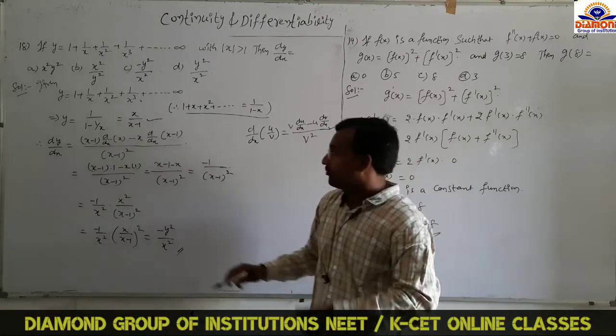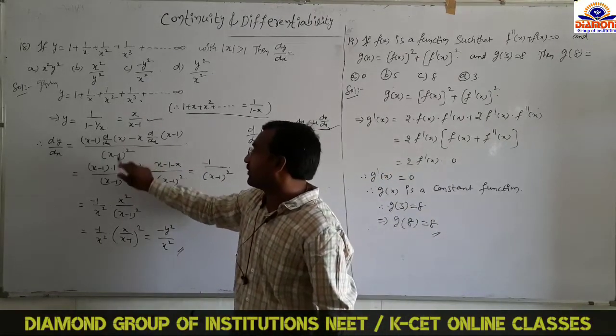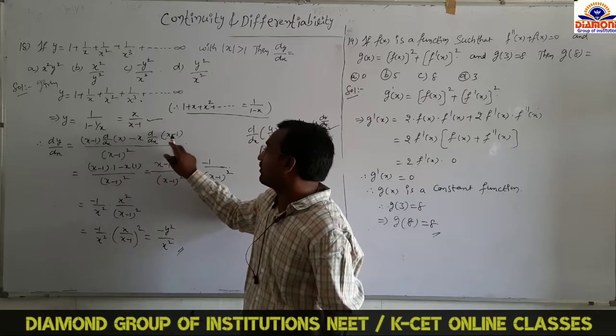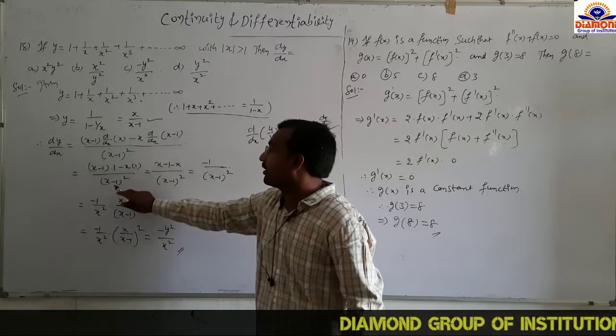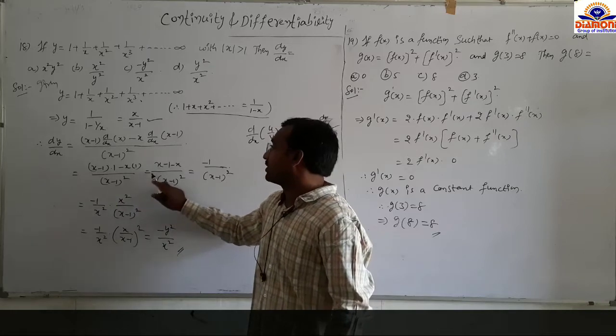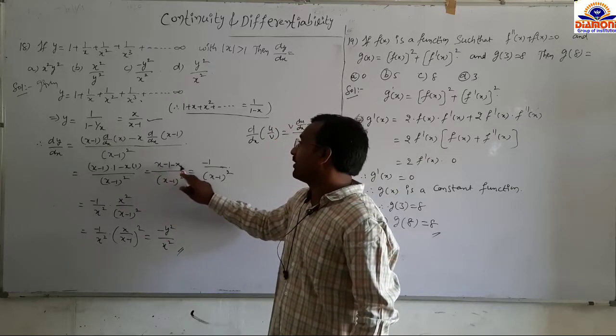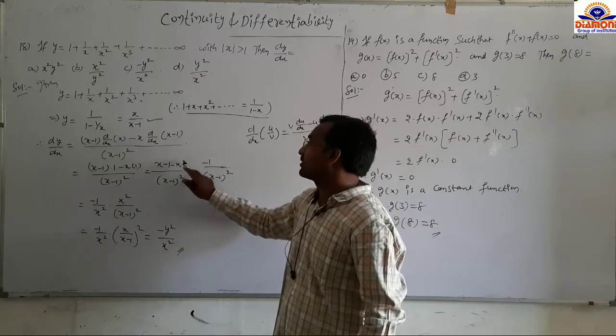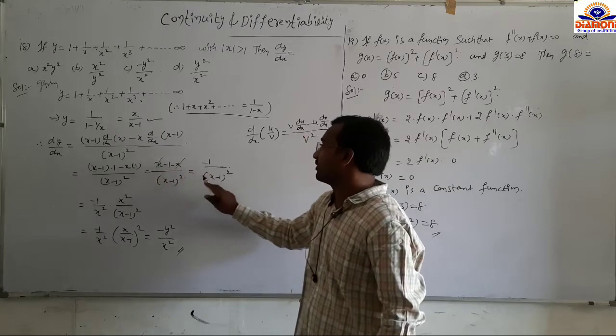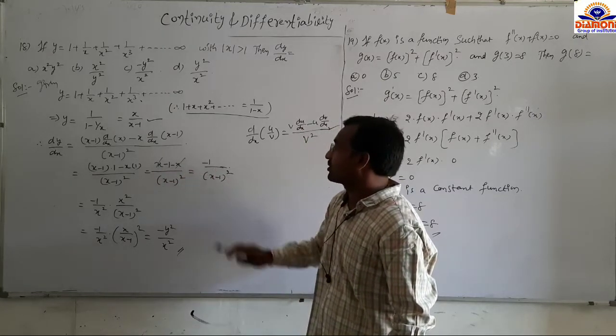So this equal to x minus 1 into derivative of x is 1 minus x into derivative of x minus 1 is also 1, by x minus 1 whole square. This equal to x minus 1 minus x by x minus 1 whole square. Here x cancel. What is remaining is minus 1. So minus 1 by x minus 1 whole square.